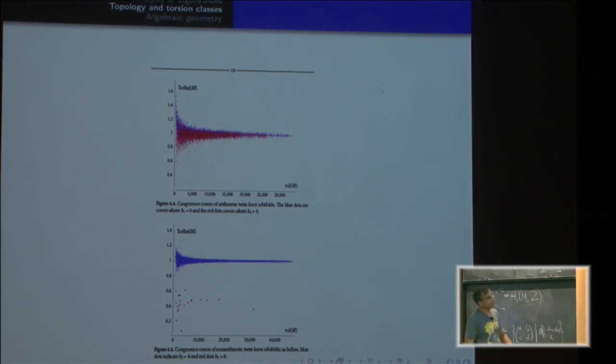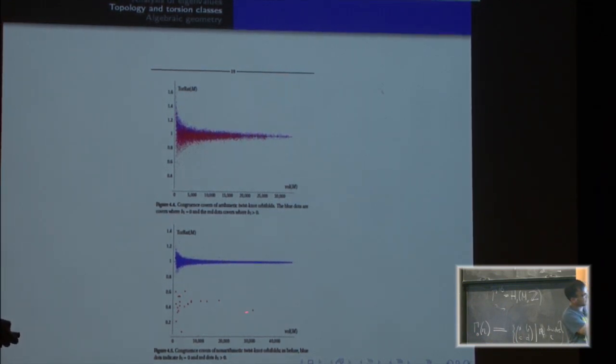When this group has a free part and a torsion part, they battle with each other. That is what is happening here. The red dots are where the group has a free part, and the free part has sucked up all the size and reduced the size of the torsion part.